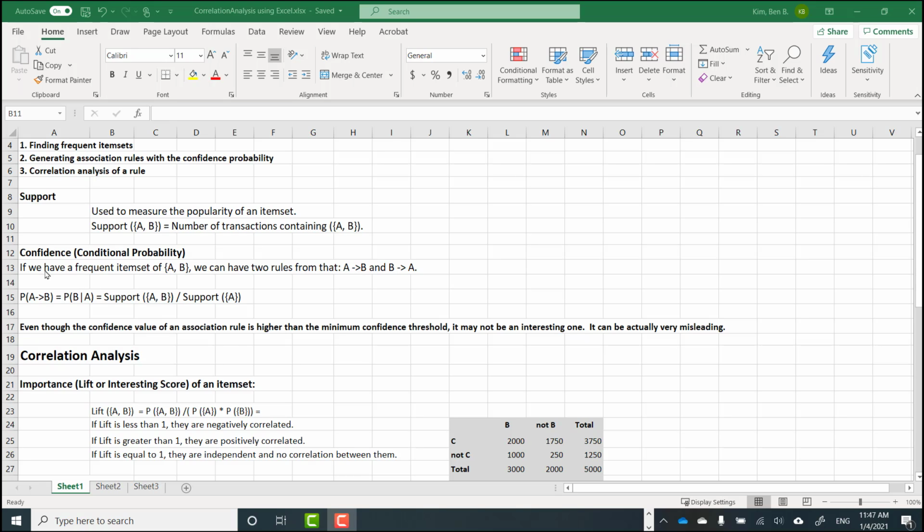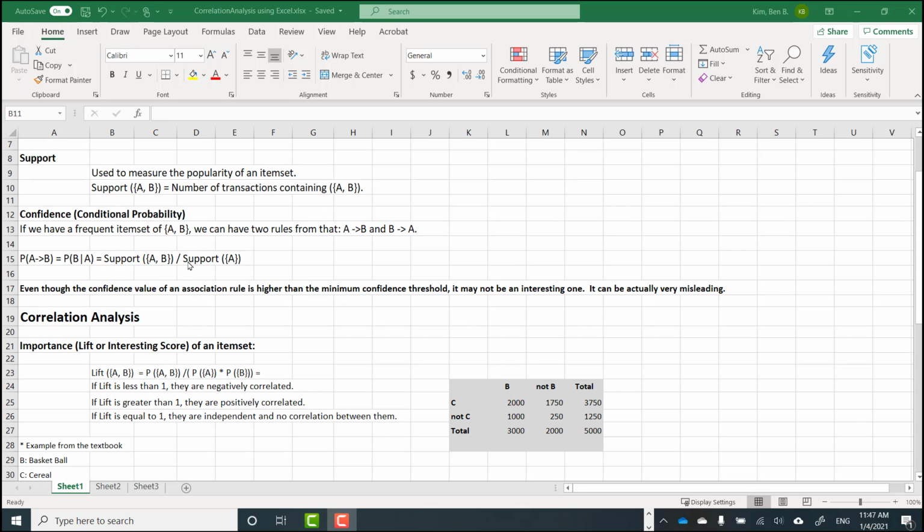For example, if we have a frequent item set of A and B, then we can actually have two rules from that: A implies B, or B implies A. We can calculate the confidence like this.